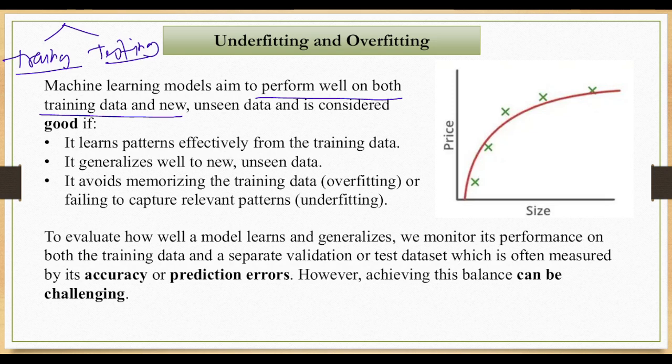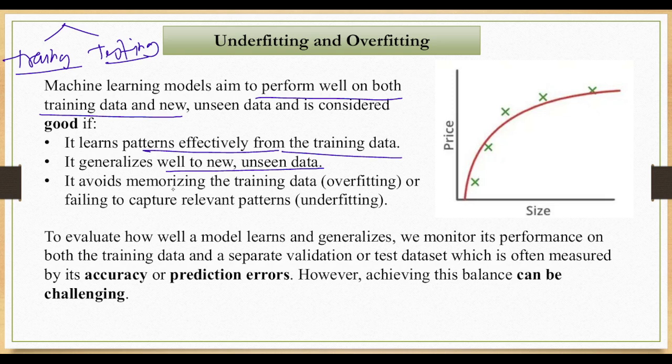A machine learning model aims to perform well on both training data and new, unseen data, and is considered a good fit if it learns patterns effectively from the training data. Also, it generalizes well to new and unseen data, and it avoids memorizing the training data.